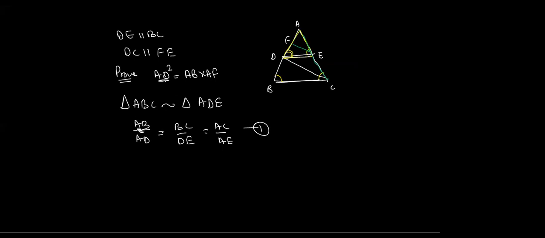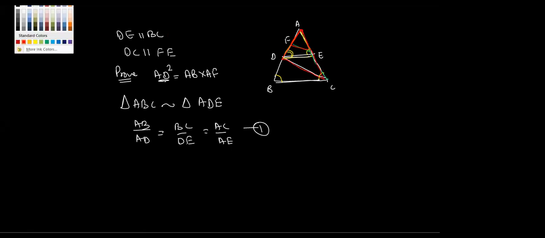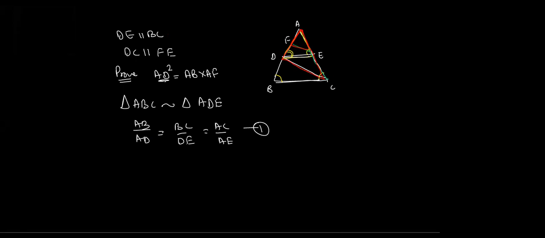Okay, so let's try this one. You understood this one. Let me make it with a different color. So this triangle will be similar to this bigger triangle. Why is it similar?